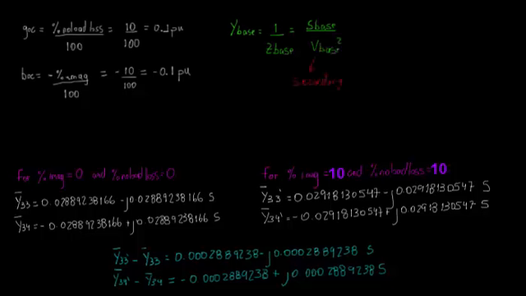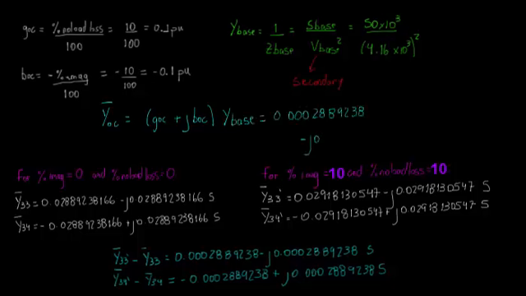The transformer rated power is 50 kVA, and as the magnetizing impedance is considered connected to the secondary side of the transformer, V base is equal to 4.16 kV. Then, by multiplying GOC plus jBOC in per unit by the base admittance, we get that YOC is exactly the value we were expecting.